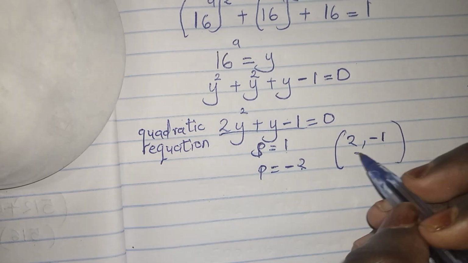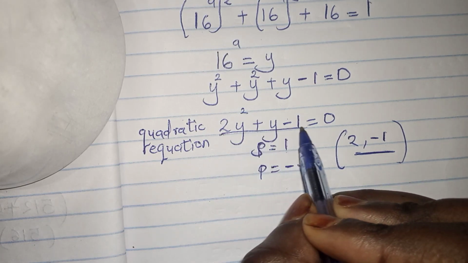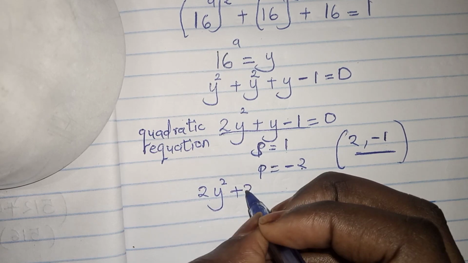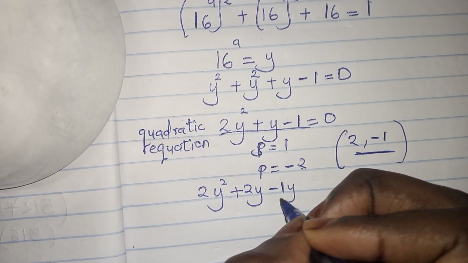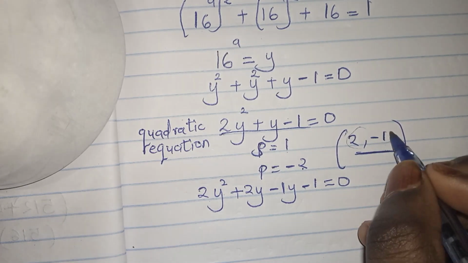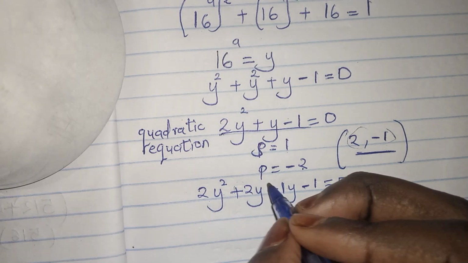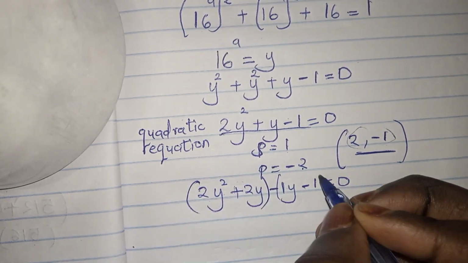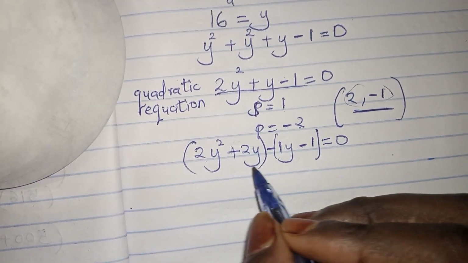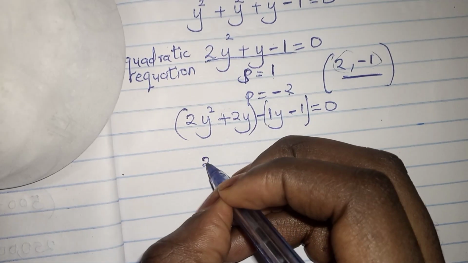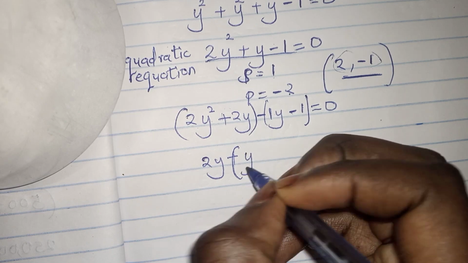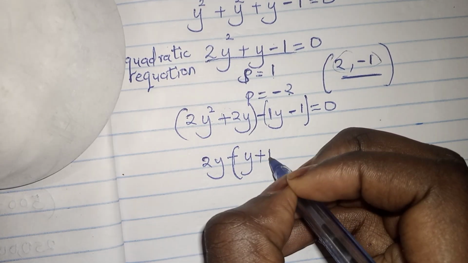So we will substitute these two numbers here in our quadratic equation, and this will be 2y squared plus 2y minus 1y minus this 1y here is equal to 0. I am grouping them into 2 terms, and for this term I will take my common factor, which is 2y, so 2y into y plus 1.